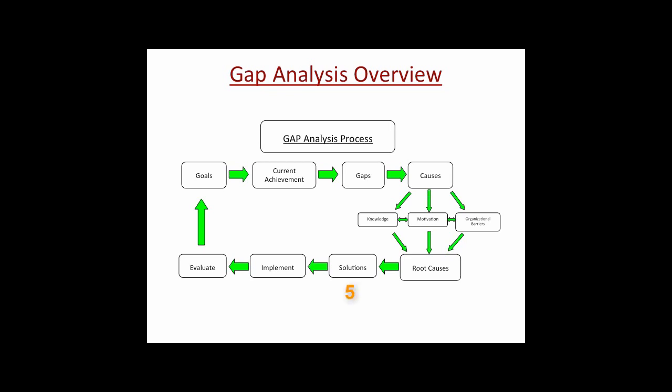Fifth, what solutions will close the gap? 6, how do we implement the solutions as an integrated package, if you will, taking into account both knowledge, motivation, and organizational issues and solutions? And then how do we measure the last step? How do we measure our progress towards closing the gap and achieving the ultimate organizational outcomes and goals?